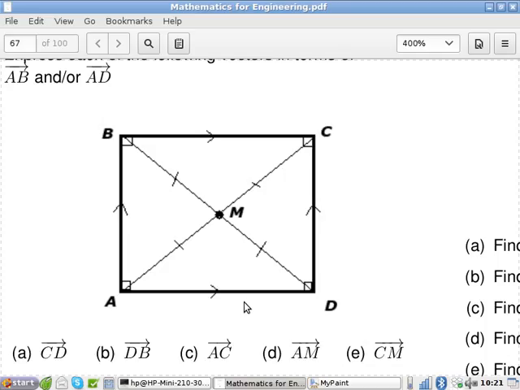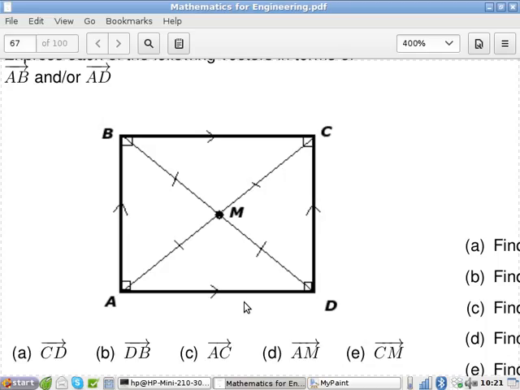AC, AB plus AD. AM, half AB plus a half AD. And then CM, minus a half AB minus a half AD.